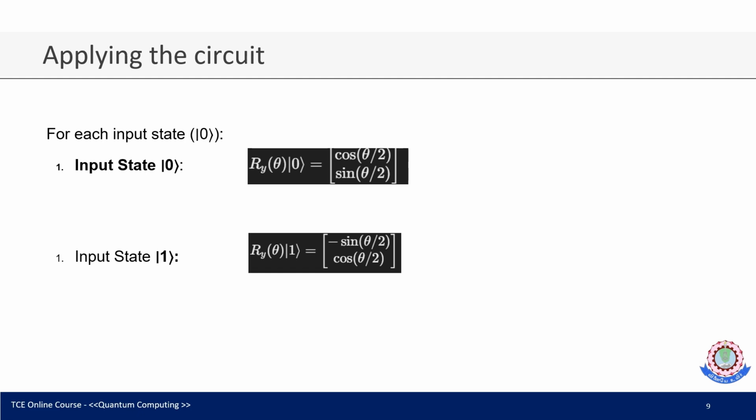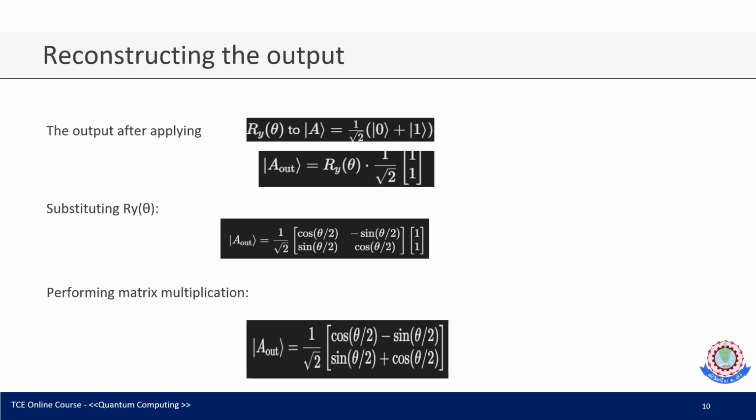The next is applying the circuit. Each input state is represented as input state |0⟩ and input state |1⟩. Ry(θ)|0⟩ = [cos θ/2, sin θ/2]. Similarly, Ry(θ)|1⟩ = [−sin θ/2, cos θ/2].